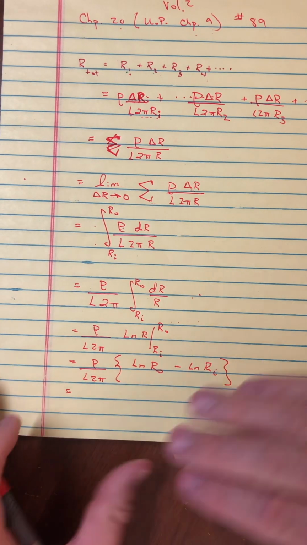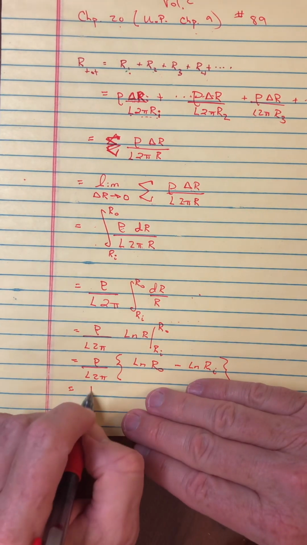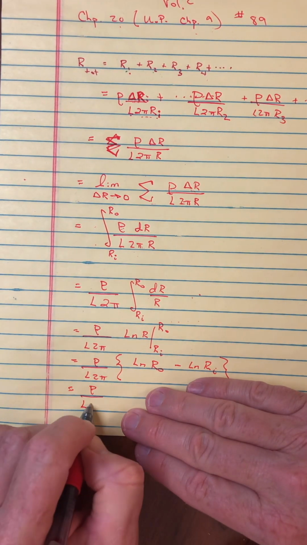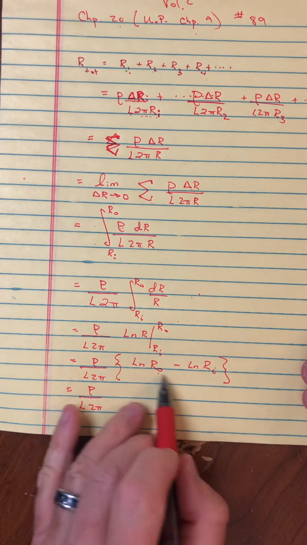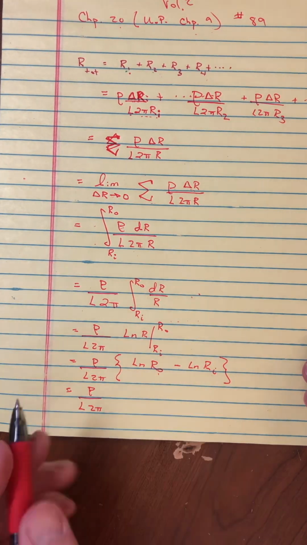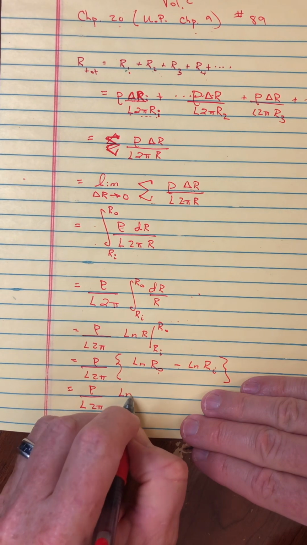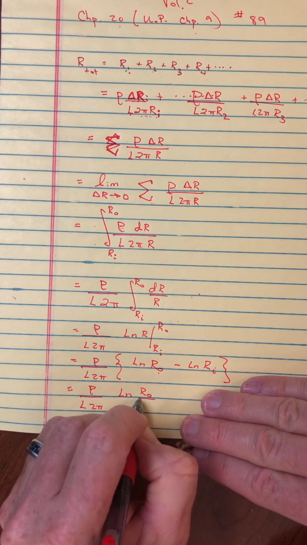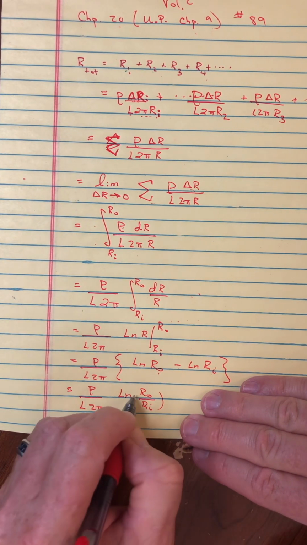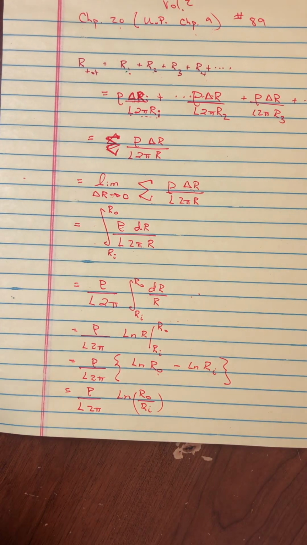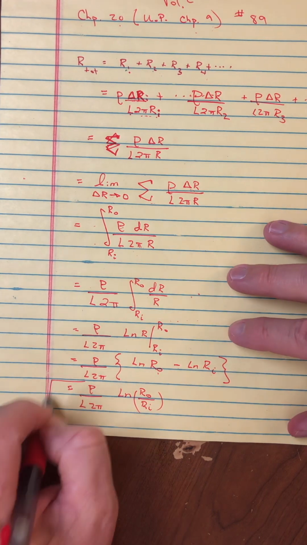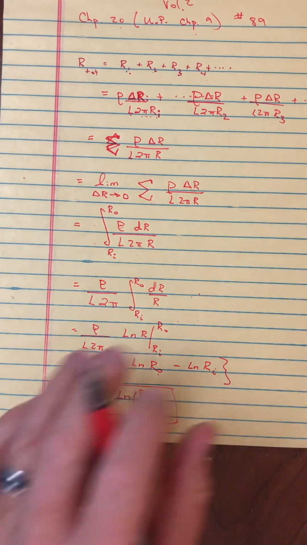And then, using the property of logarithms, where we can write a difference as a quotient, I have ln of outer radius over inner radius. So we might have to go back to our pre-calculus math class for our logarithms there. But finally we get to, I think, the final answer.